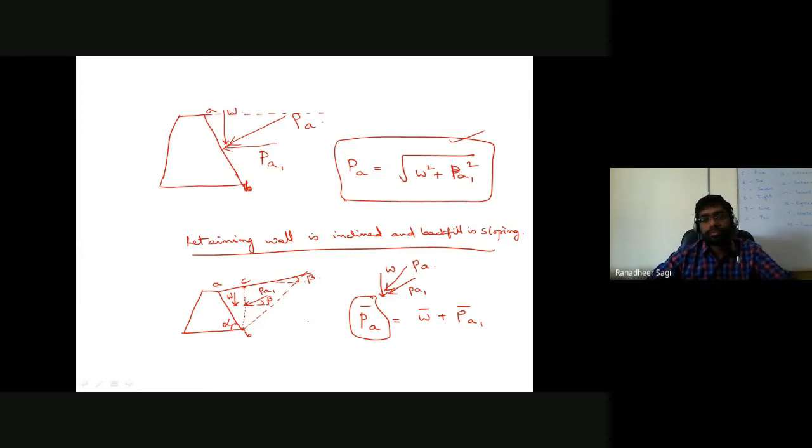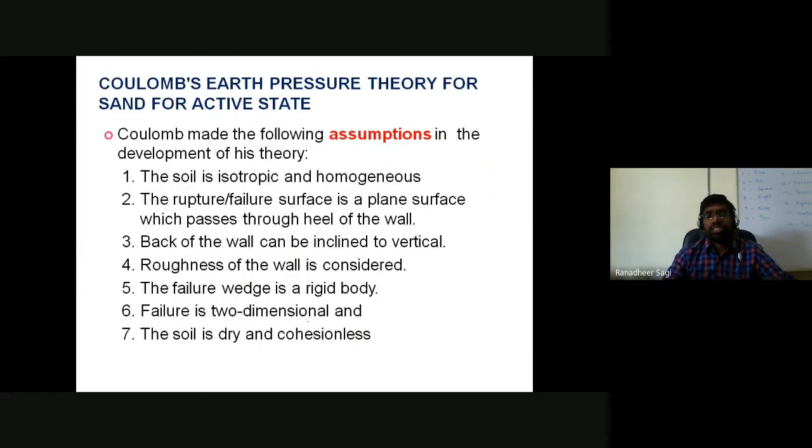Okay. So now let's quickly go on to the other theory, based on which we can learn how to calculate the earth pressure distribution diagram, or how much earth pressure is coming from the adjacent soil, which is in active state or passive state, based on Coulomb's earth pressure theory.